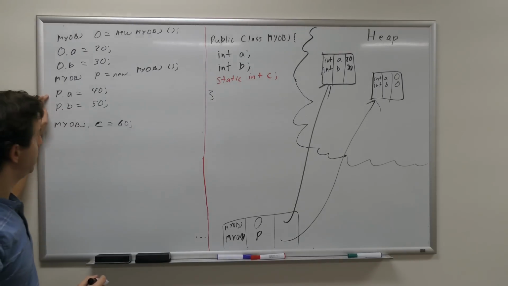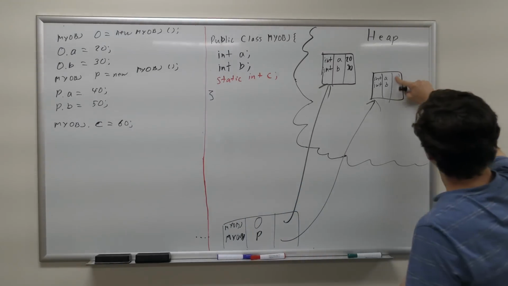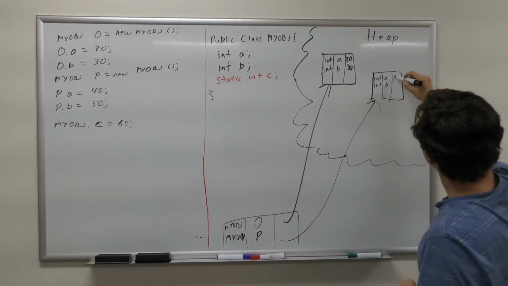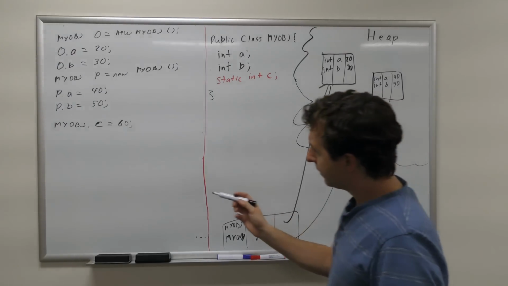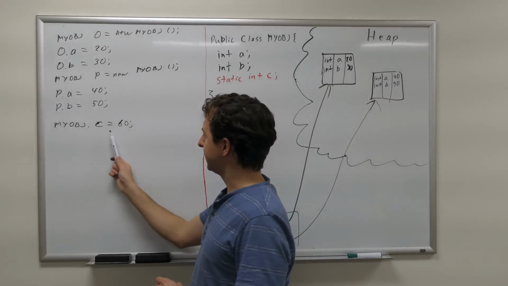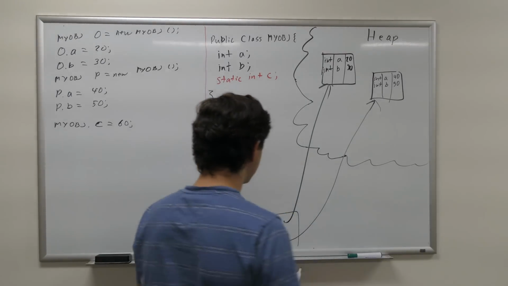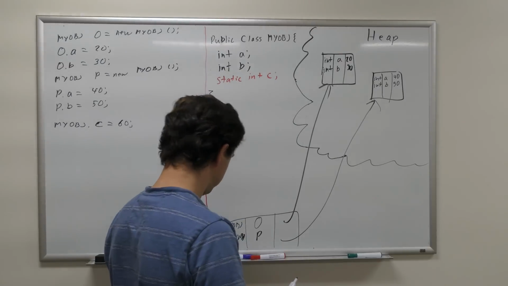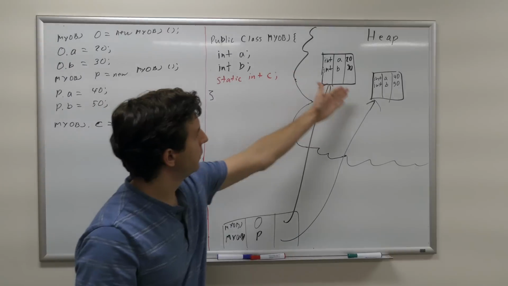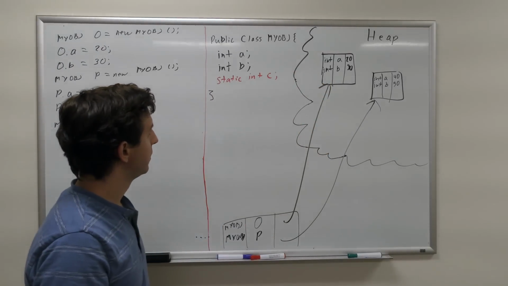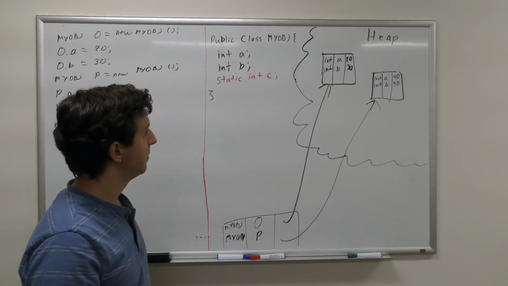P.A is equal to 40, P.B is equal to 50. And then myObject.c is equal to 60. Where's c? Neither of these objects have a c. And the answer is, again, it's in the class.